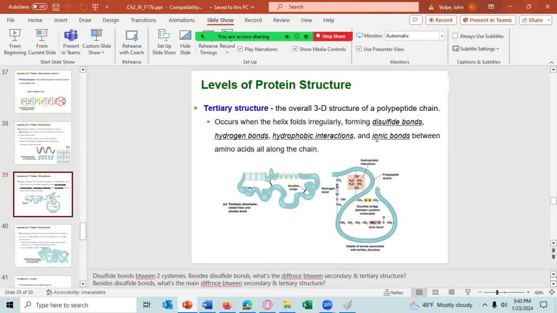And that is the only difference really between the different attractions and repulsions between the tertiary structure and the secondary structure. The second change is that the tertiary structure is a three-dimensional structure.